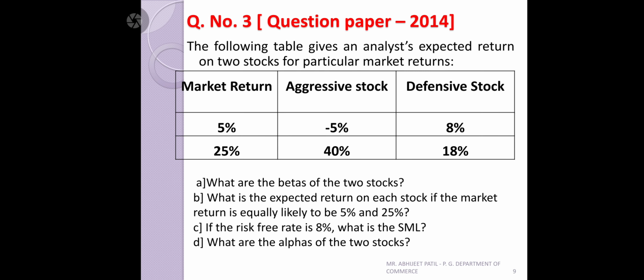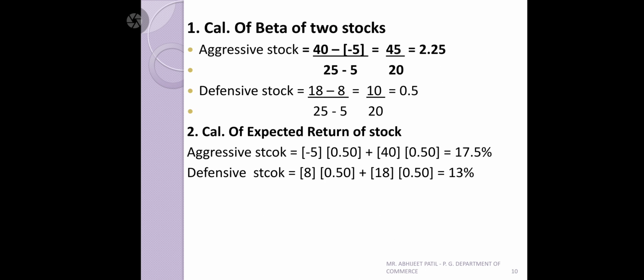For the defensive stock, 18 minus 8 is 10 and 25 minus 5 is 20, so 10 divided by 20 comes to 0.5. These are the two betas of the aggressive and defensive stocks, where we compare that the aggressive stock has more risk and the defensive stock has less risk, because the beta of the aggressive stock is higher and the beta of the defensive stock is lower.